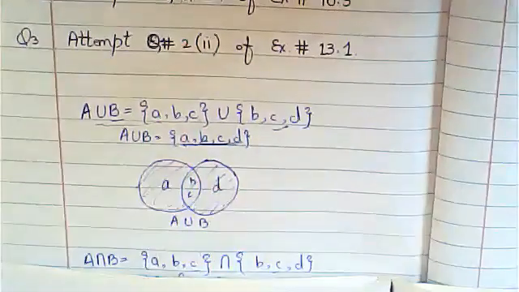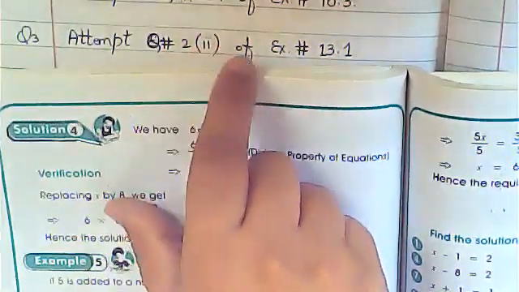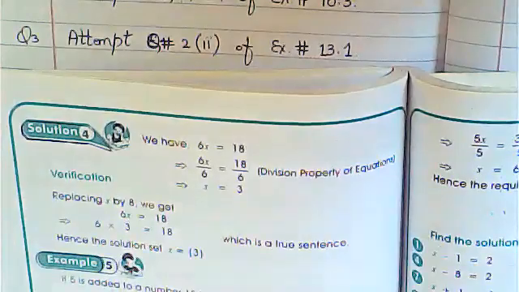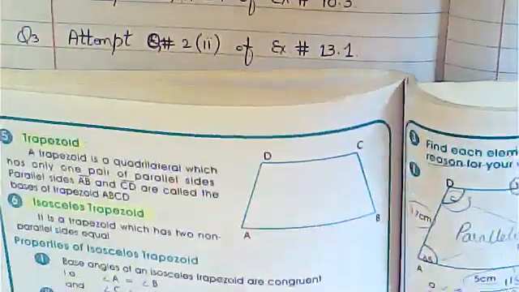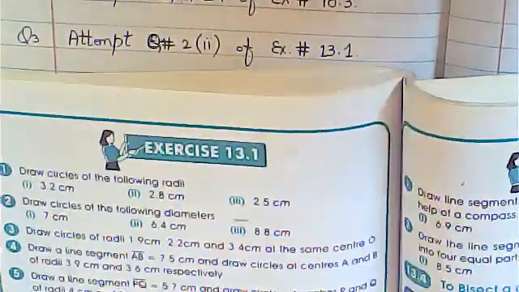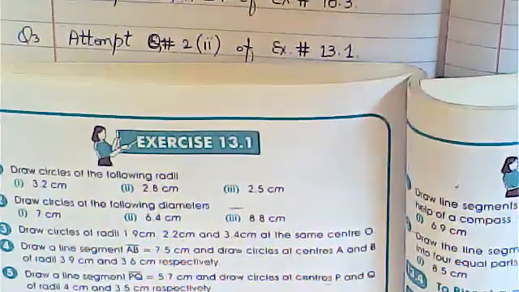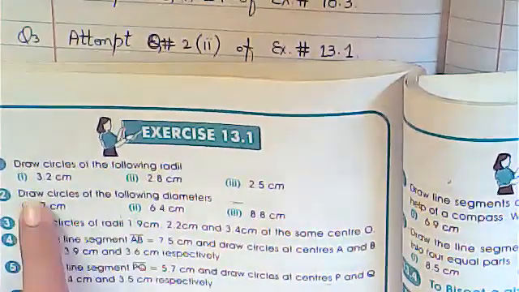Everyone, now start next question. Look at here. The last question. Attempt question number 2, bit number 2 of exercise 13.1. Question number 2, bit number 2, 6.4. What is question number 2?